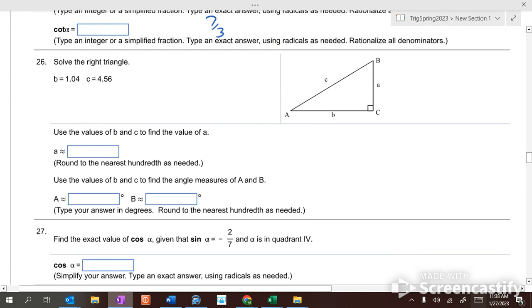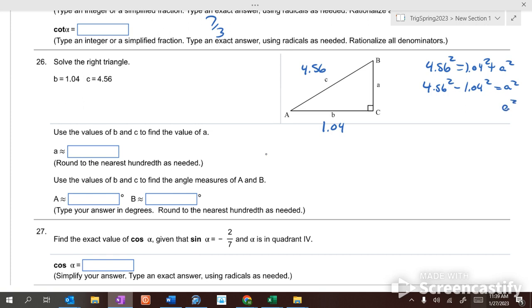Solving the right triangle. If B is 1.04 and C is 4.56, you take 4.56 squared equals 1.04 squared plus A squared. So whatever 4.56 squared minus 1.04 squared is, that's what A squared is going to equal. What's 4.56 squared minus 1.04 squared?